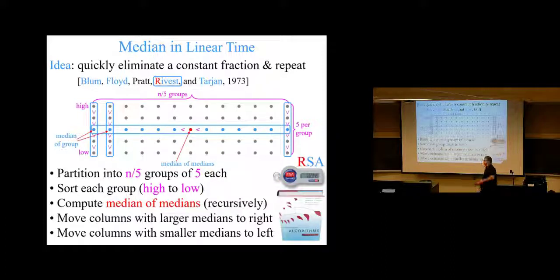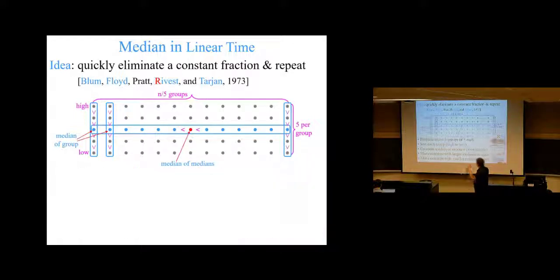Any odd number of rows bigger than 5 will work. Even numbers like 6 will create a bit of an asymmetry, because the median of 4 things is not clear exactly what it is. With an odd number it's always the middle guy, assuming they're all unique. So it's better to use an odd number to avoid this ambiguity. And 7 would work. 3 won't quite work for the analysis.